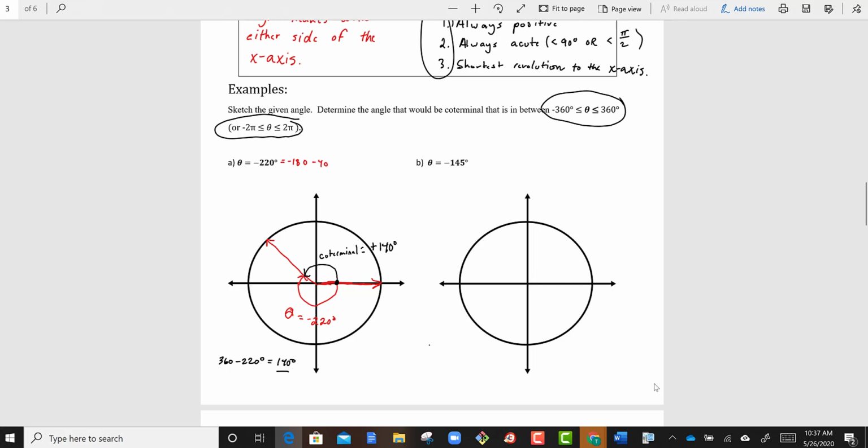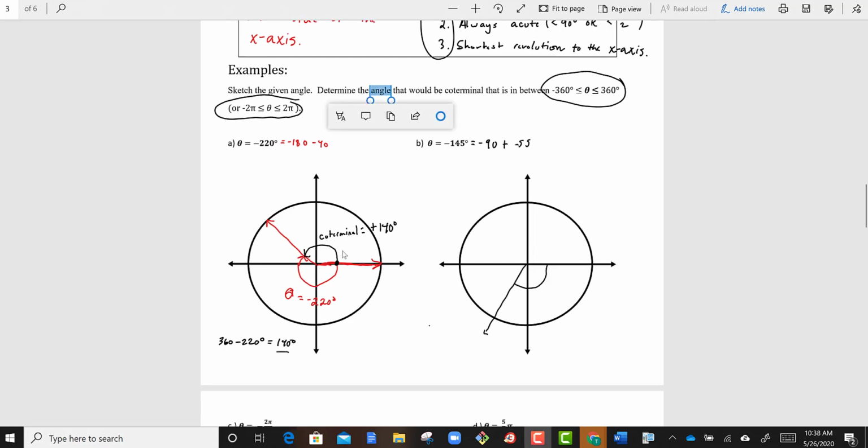But notice, most of these examples will do the way we're answering them. If the given angle is negative, the answer is going to be positive. And likewise, I want you to try B, but if the given angle is negative, that means your answer should be positive. So try letter B. All right, so there's the given angle, negative 145 degrees sketched.